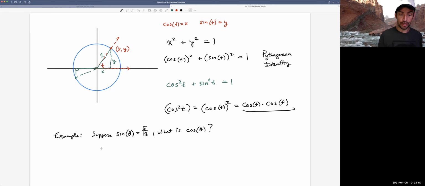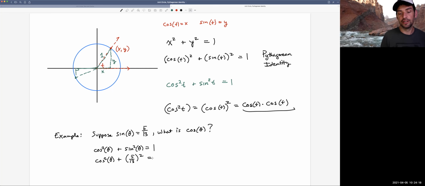So we know that for whatever this angle theta is, cosine squared of that angle plus sine squared of that angle is equal to 1. We now know that cosine squared plus, we know what sine is, so 5/13 squared is equal to 1.